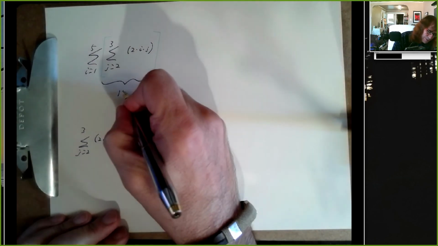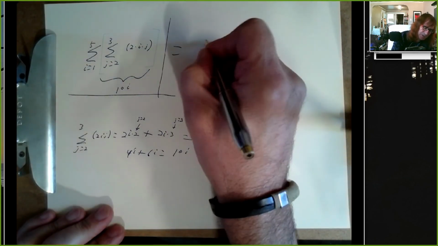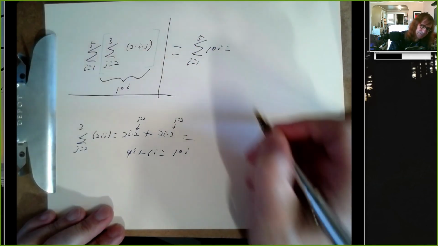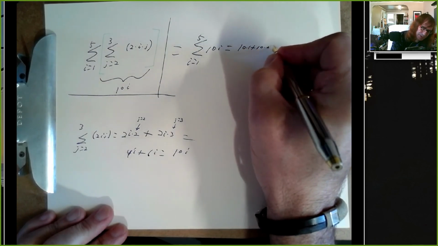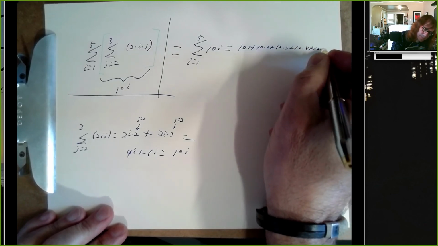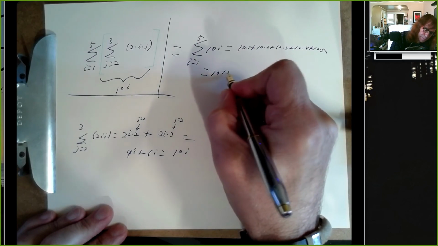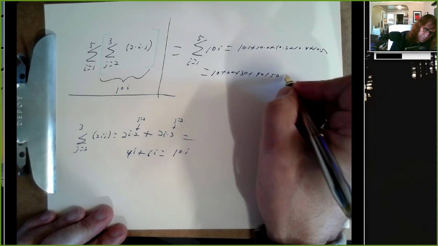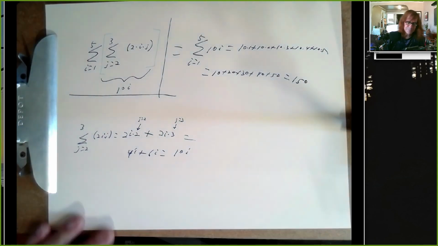So this expression right here is equal to 10i, which means we can take this whole thing and say this is the sum from i equals 1 to 5 of 10i, which is 10 times 1 plus 10 times 2 and so on, up to 10 times 5. And we can write those out. And that's just going to be 150.